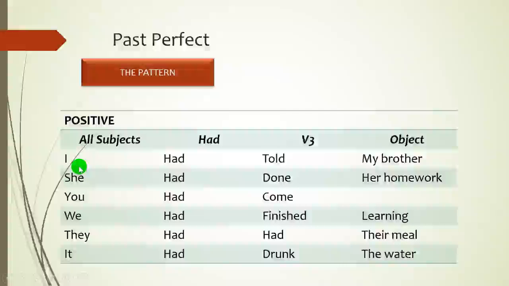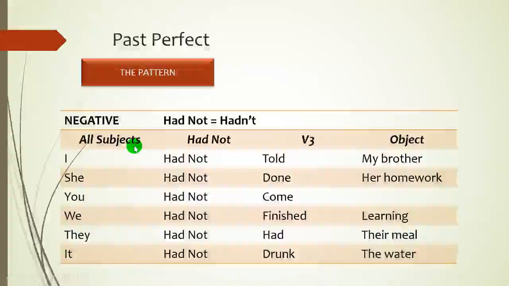We do not really care whether it is the third person singular, the first person singular, the third person plural, or whatever. So you can use had with all of the subjects. Meanwhile, for the verb, it is quite similar to present perfect, where we have to use verb 3.